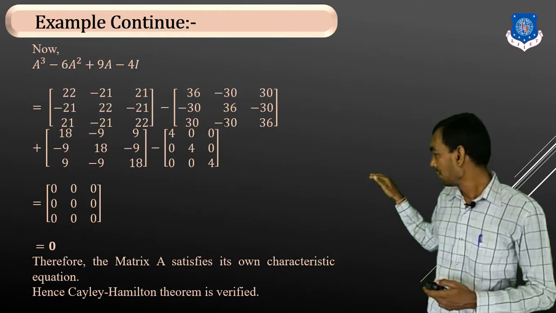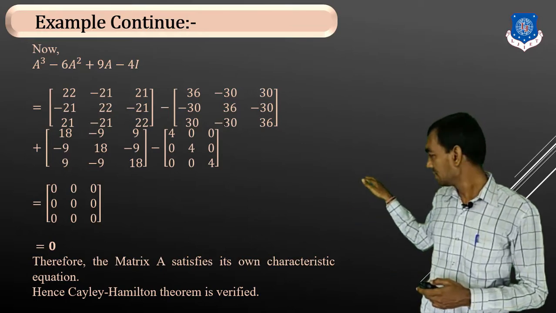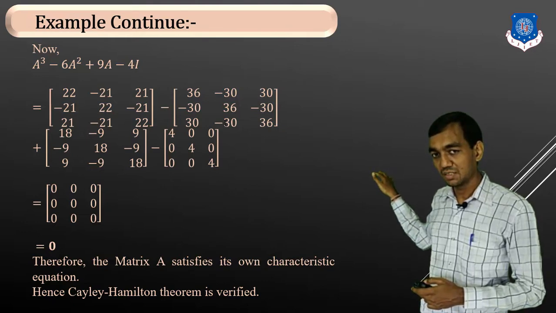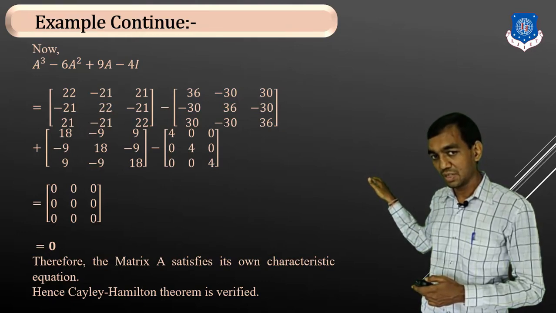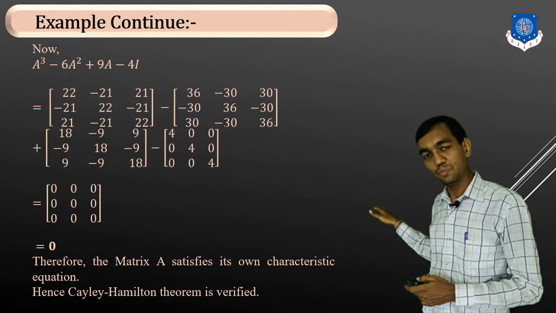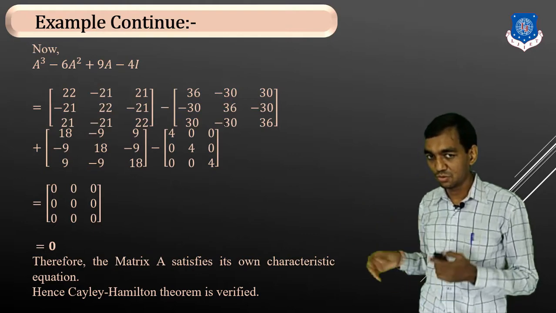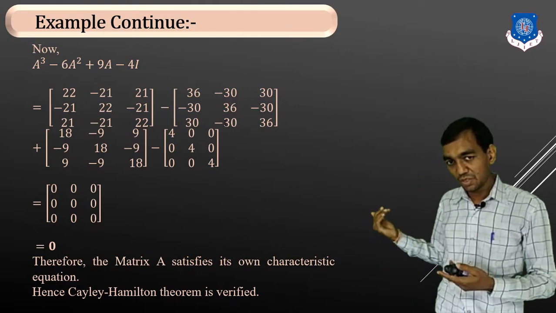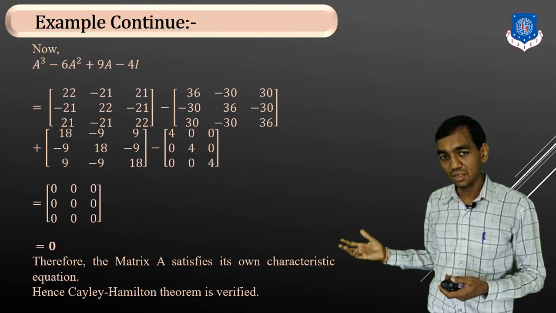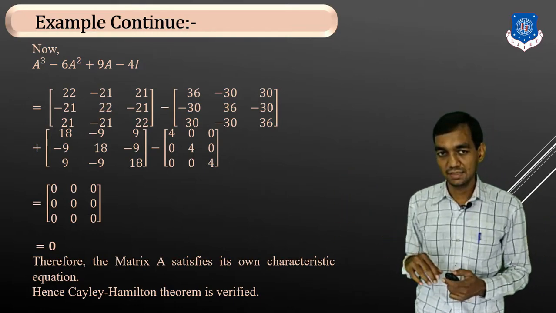In the same manner, second entry: minus 21, minus minus, plus 30, that will be 9. Then plus 9, minus 9, that will be 0. So the second entry is 0. In the same manner, if you check each element, all entries are going to be 0.